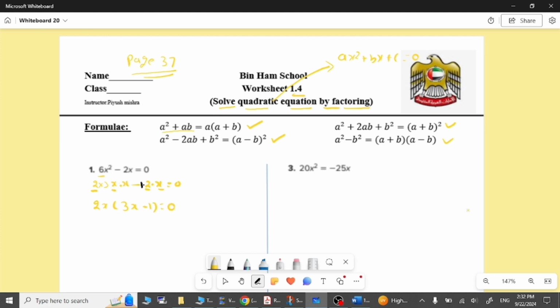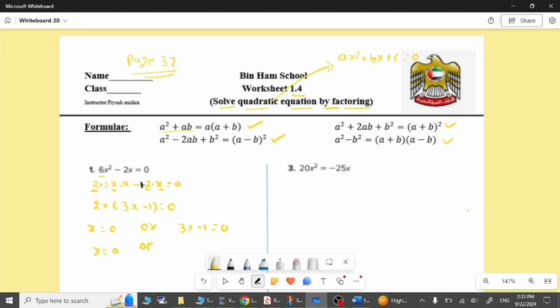Now if the product of some numbers is 0, it means one of the factors is 0. Now 2 cannot be equal to 0, so what is 0? Either x is equal to 0 or 3x minus 1 is equal to 0. Further solve it, so I can write x is 0.